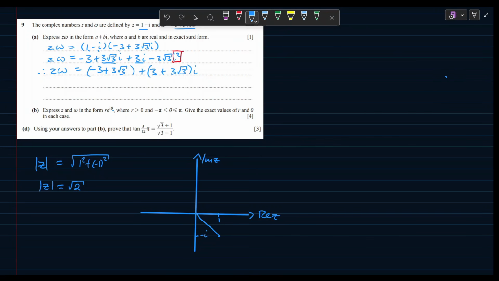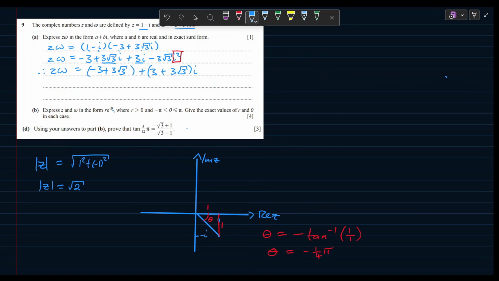Alright, so the angle that we want, our argument, is going to be this angle over here. So if we complete the triangle here, we know that this is 1 unit in the imaginary axis, 1 unit in the real axis, and so theta is going to be negative because our angle is below the real axis. Arctan of opposite is 1, adjacent is 1, so theta is equal to negative 1 over 4 pi.